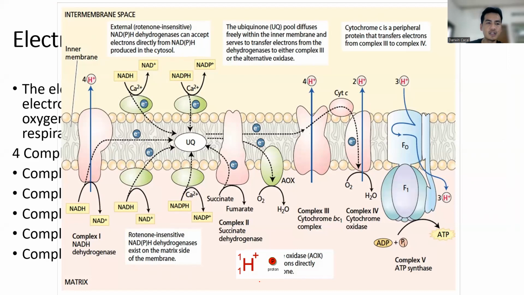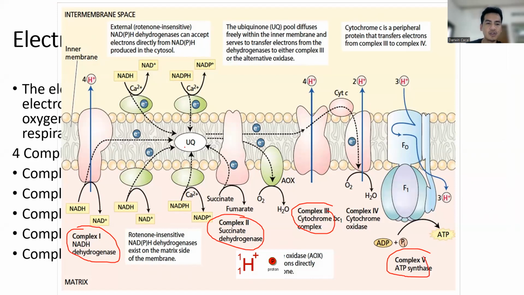Okay? So this is the so-called matrix, wherein there is complex 1, that is the NADH dehydrogenase, complex 2, that is the succinate dehydrogenase, complex 3, that is the cytochrome complex, complex 4, that is cytochrome oxidase, and complex 5, that is ATP synthase.